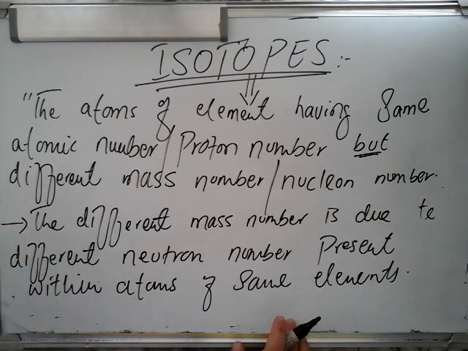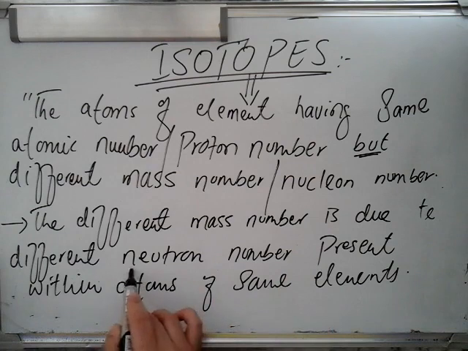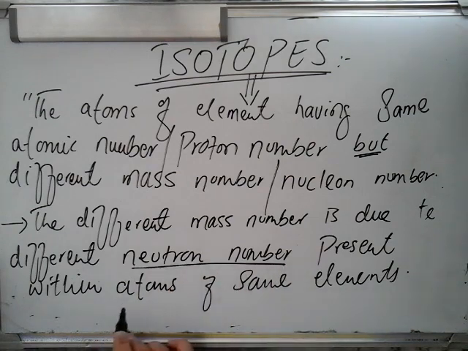A change in the number of neutrons would cause the atoms to have different physical properties. So the atoms having different neutron numbers would show different properties.